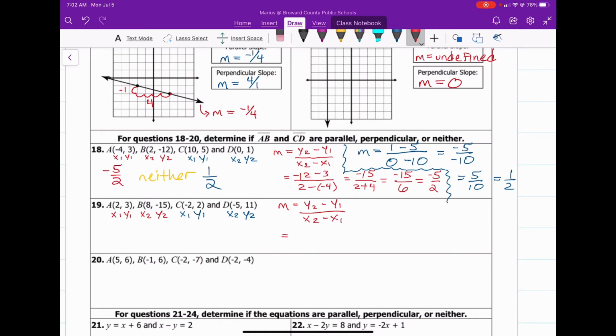That's going to be negative 15 minus 3 over 8 minus 2, which equals negative 18 divided by 6, and negative 18 divided by 6 is negative 3, or negative 3 over 1.